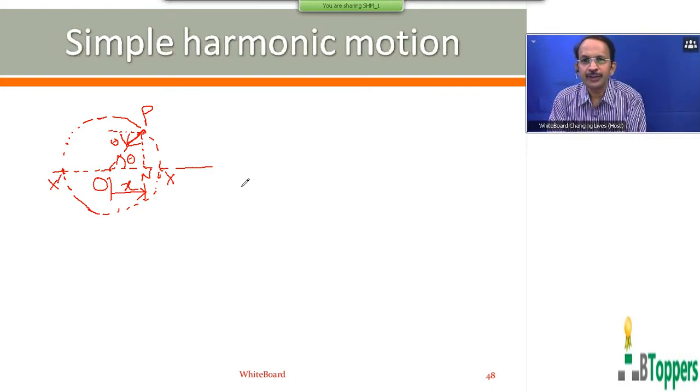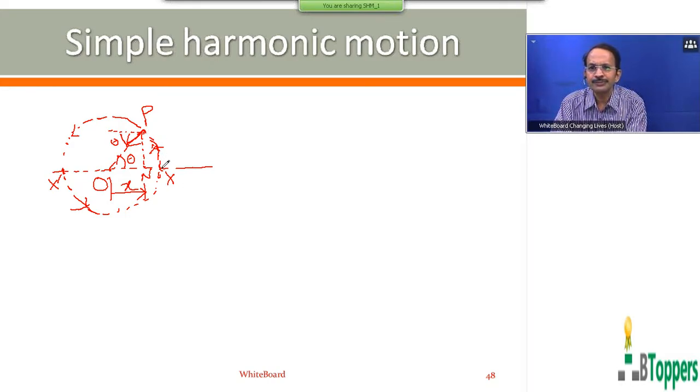So again, considering the uniform circular motion here, the circular path which we are showing in the figure, we call it the reference circle. That means simple harmonic motion can be considered as the projection of a particle in uniform circular motion on one of the diameters of the circle.